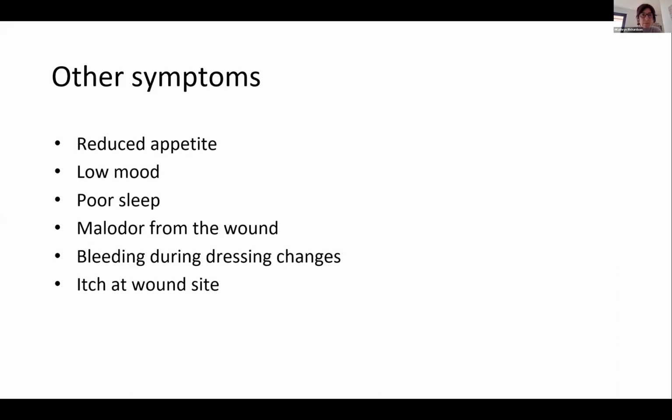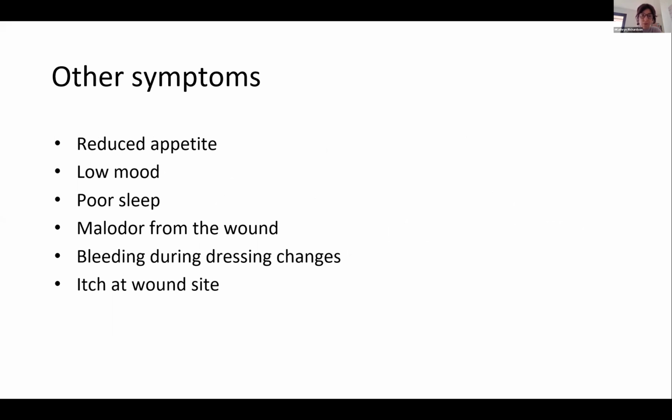So here are some of the other symptoms he was also experiencing. His appetite was reduced, his mood was quite low, and he was very withdrawn, spending most of the day sat on his bed and not really engaging with other people. As we mentioned, his sleep was poor, and there was a very strong odor from the wound.